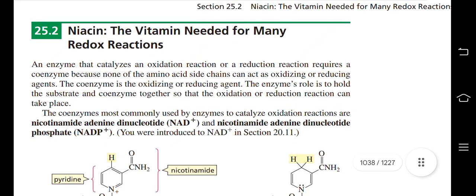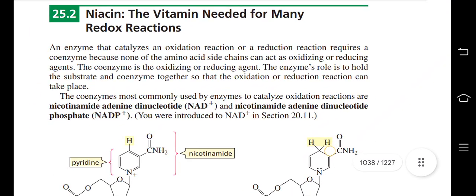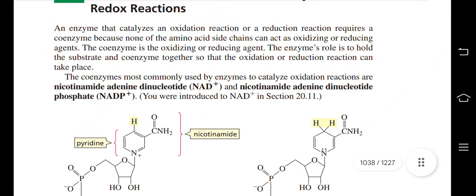The next topic is niacin, the vitamin needed for many redox reactions. An enzyme that catalyzes an oxidation reaction or a reduction reaction requires a coenzyme because none of the amino acid side chains can act as an oxidizing or reducing agent. The coenzyme is the oxidizing or reducing agent.